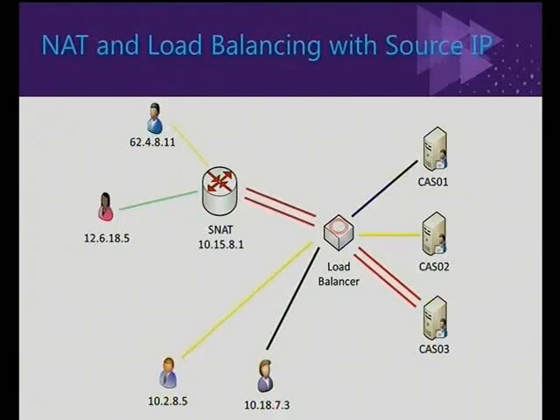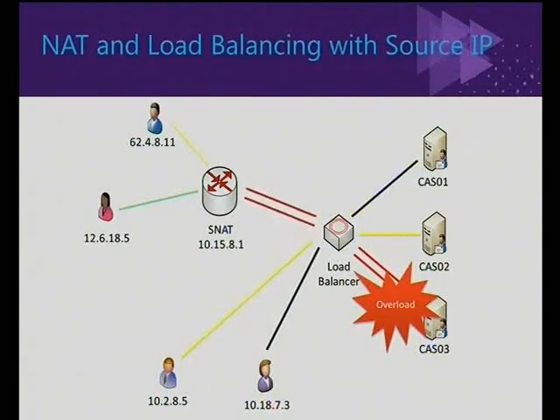And you can see how this could rapidly become a problem, right, if you've got a large number of clients behind NAT. We have round robin as our selection algorithm. We have source IP as our persistence method, but source IP doesn't work very well when there's NAT because all the clients from behind that NAT connection will talk to the same CAS server inside of your array.